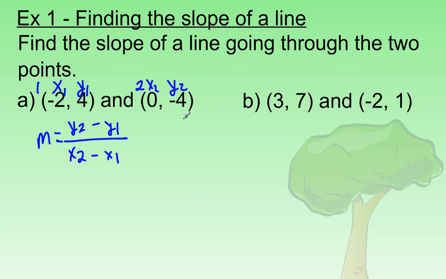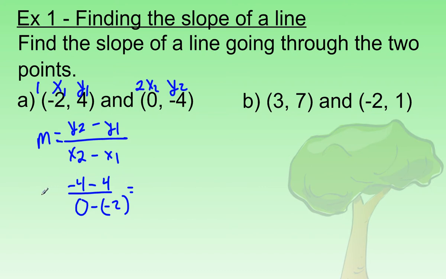Now all you do is plug these points into the formula. So y2 is negative 4, y1 is 4. x2 is 0, x1 is negative 2. And yes, you do still need the minus negative 2. So it's a minus here, and it's a negative 2 there.